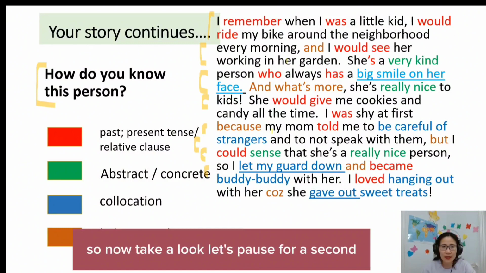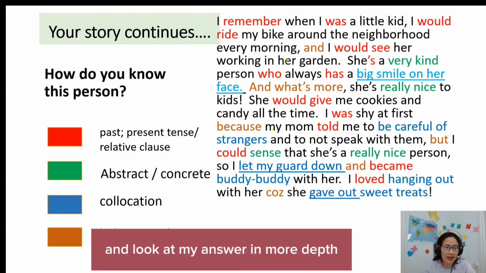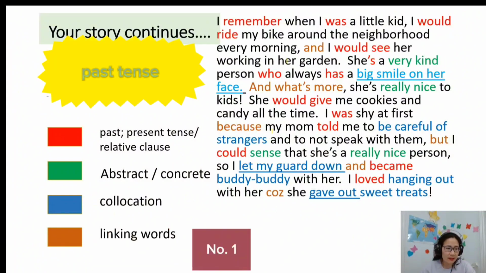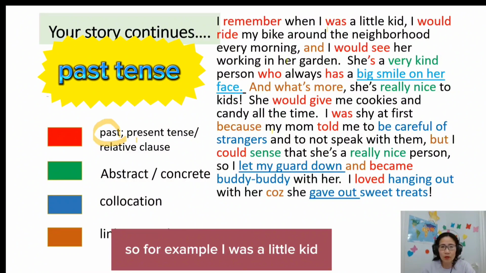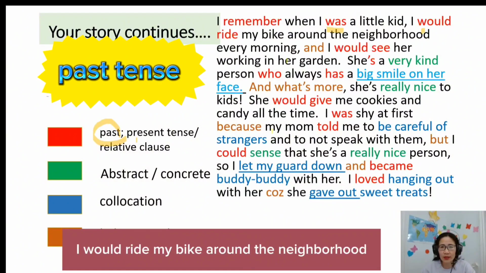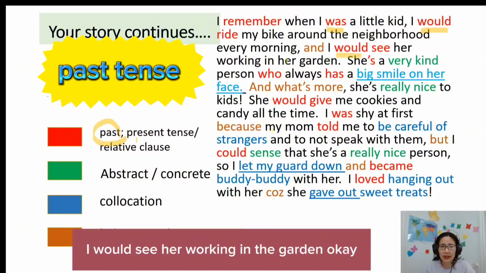Okay, so now let's pause for a second and look at my answer in more depth. I have used the following techniques. Number one, I used simple past tense whenever it's appropriate. So for example, I was a little kid. I would ride my bike around the neighborhood. I would see her working in the garden.